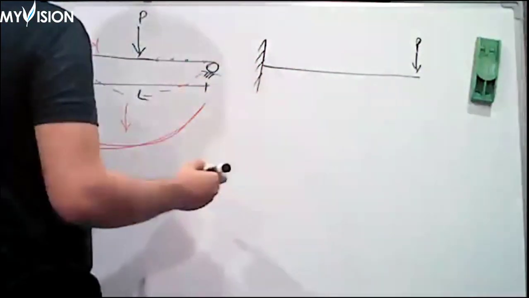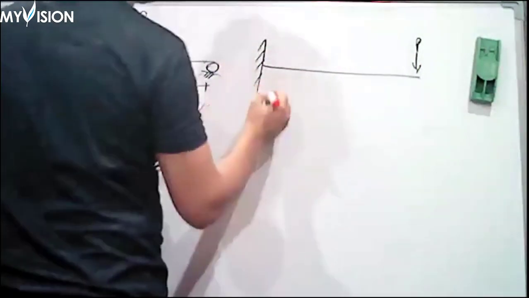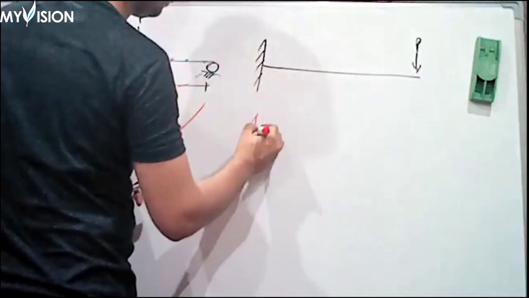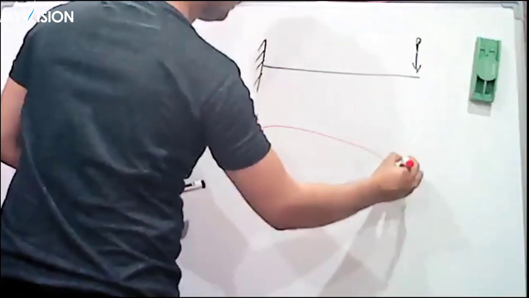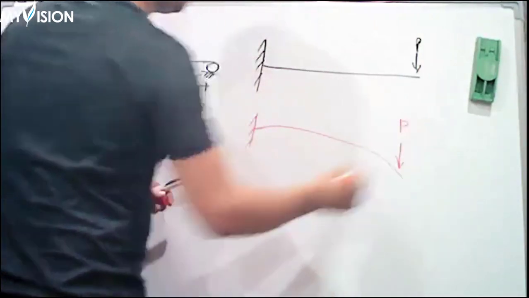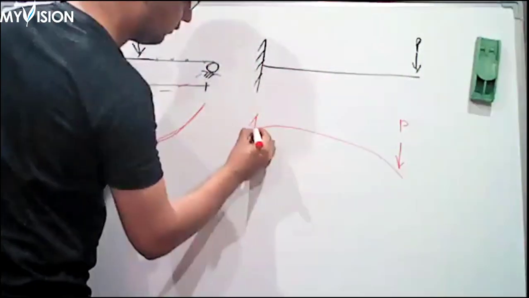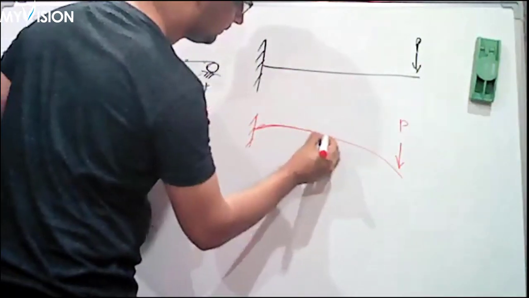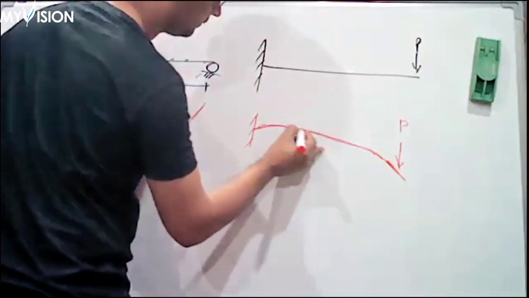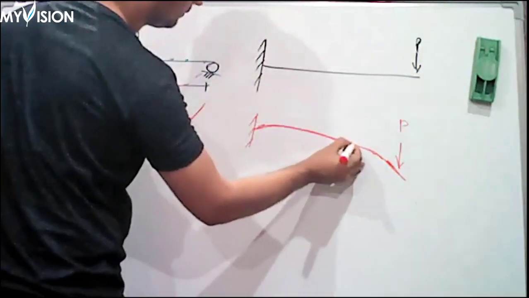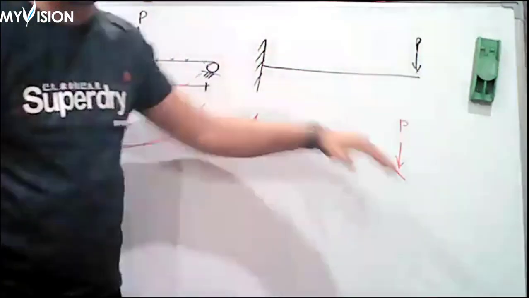Again, if P is applied on this beam, then the shape of the beam will be bent in this way. It will be bent in this direction.